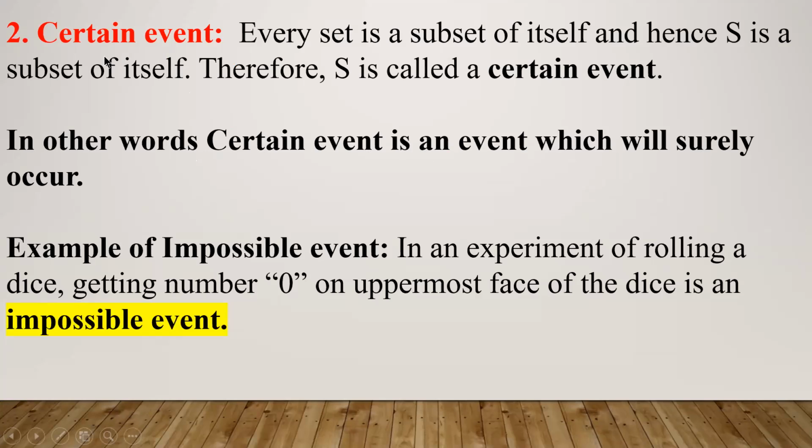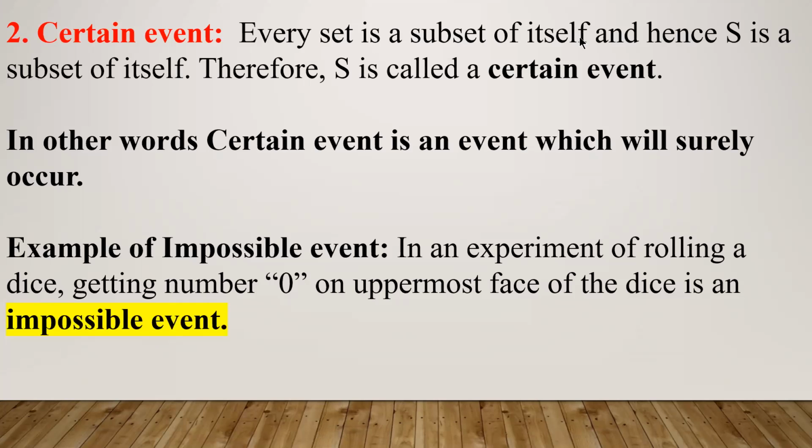For example, if I throw a dice and I say that my event is getting a number from 1 to 6, तो वो होने ही वाला है. जब मैं अगर डाइस को थ्रो करूंगी तो मुझे जो नंबर आएगा वो 1 से 6 के बीच में ही होगा, because I know that, so it is going to happen. I may get either 1 or 2 or 3 or 4 or 5 or 6. So that is sure to happen. तो ऐसे को बोलते हैं हम certain event.